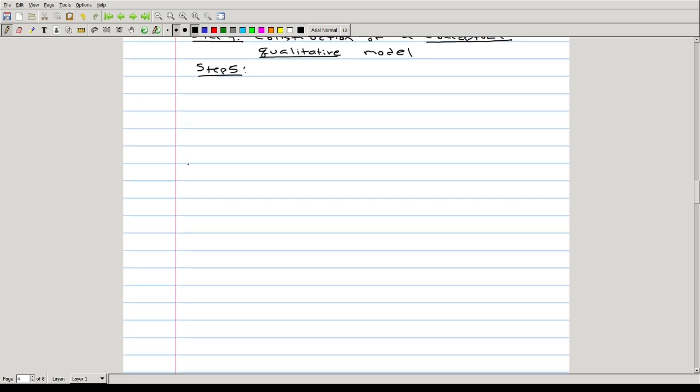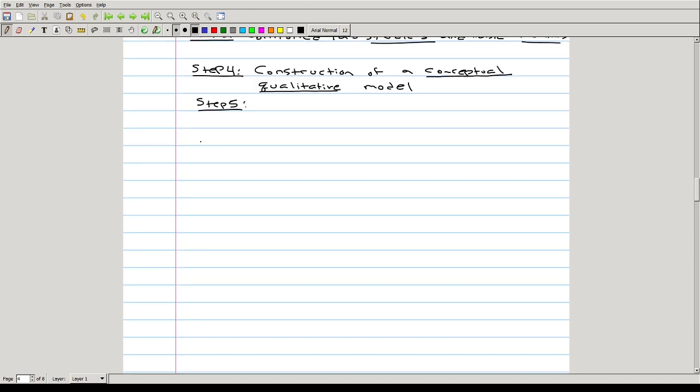And the last step here is making conclusions, predictions, and recommendations that follow from this qualitative model. And that's the last step of this process.